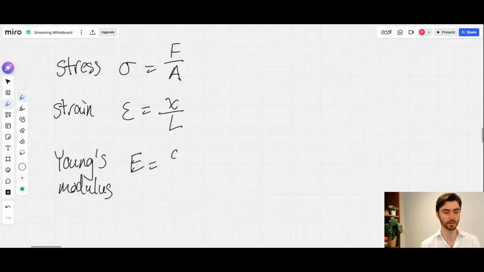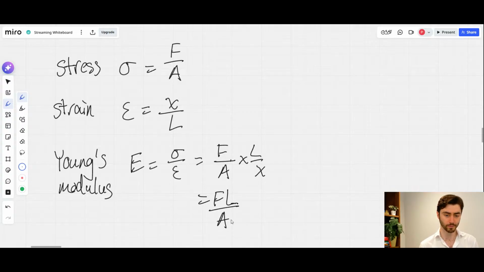E is stress over strain. By the way, we can combine these equations and say that is force over area divided by epsilon, so times L over x. So in other words, it's FL over AX.